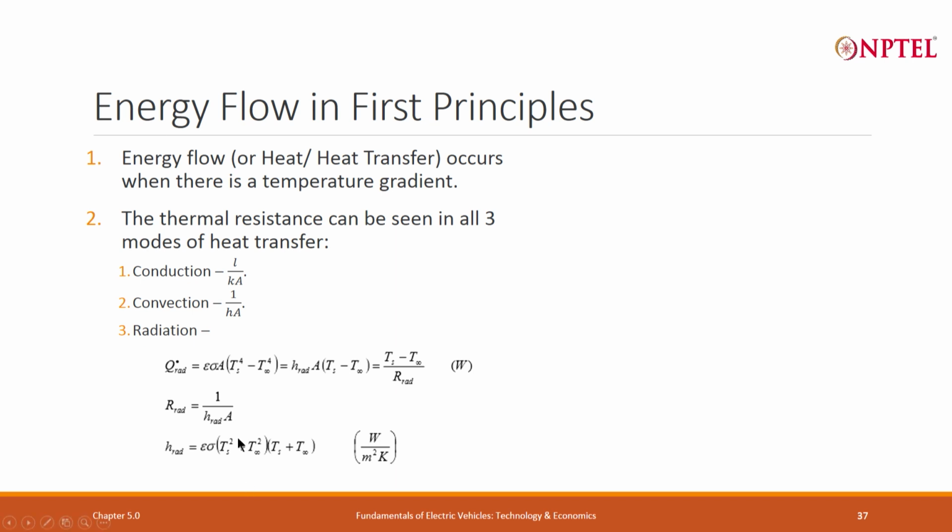So, the simple expression we have is Q radiation equals epsilon sigma A times T surface to the power 4 minus T infinity to the power 4. Now, if we want to convert it into the form of H A delta T or K A delta T, to simplify that, we can put here H radiation into A into T s minus T infinity.